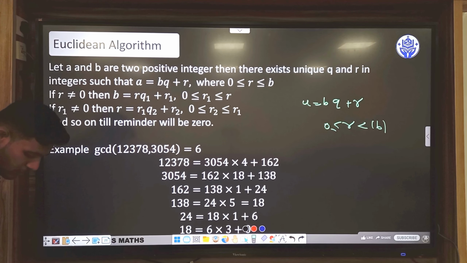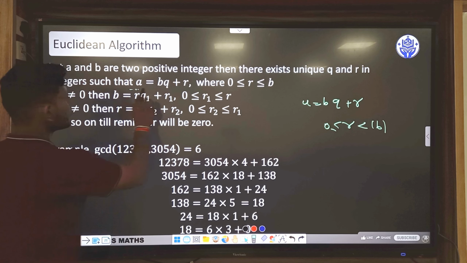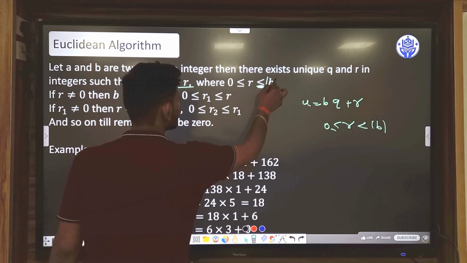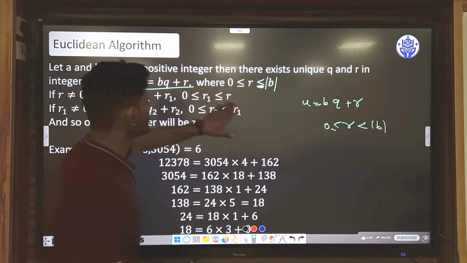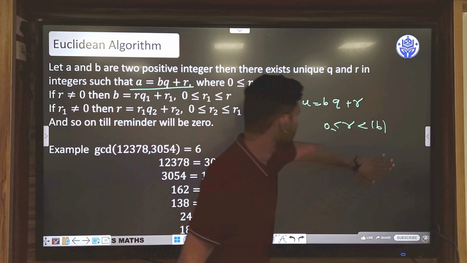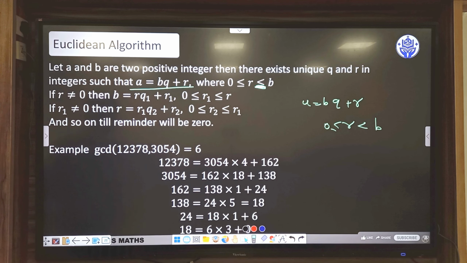Let A and B be two positive integers, then there exist unique Q and R in integers such that A is equal to BQ plus R, which is the remainder theorem. If we are taking positive integers, there is no need to take mod here, just take B only. Now, this is the concept.